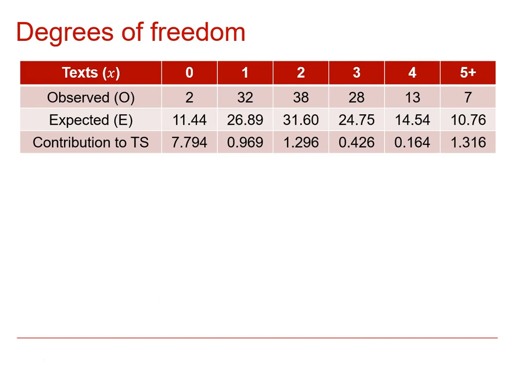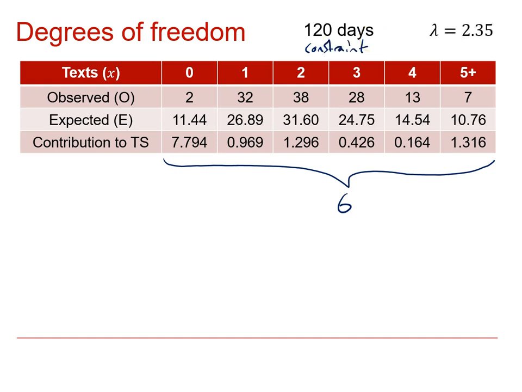For the degrees of freedom, we can see we have 6 categories. We know that it was over 120 days, so that is a constraint. We have also calculated lambda to be 2.35.